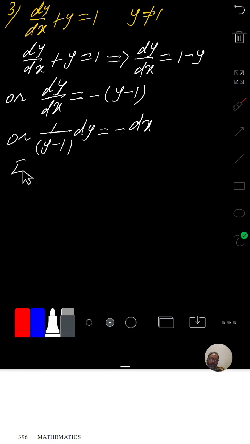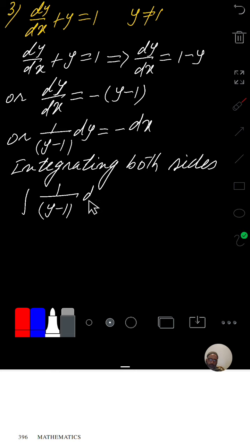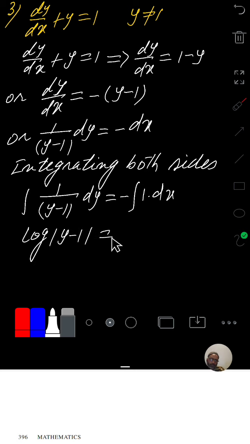Integrating both sides, integral 1 upon y minus 1 dy is equal to minus integral 1 dx. So obviously integral of 1 upon y minus 1 will be log mod y minus 1 is equal to minus integral of 1 with respect to x, which is x, and plus c, constant of integration.